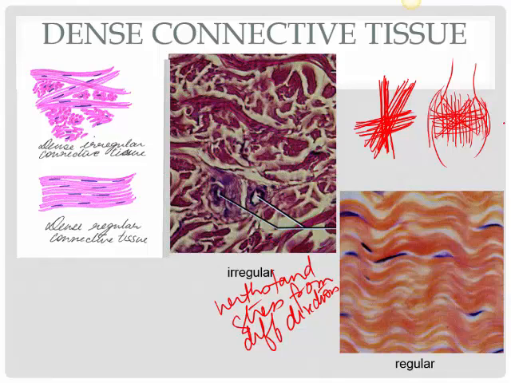It also helps the joint withstand stress from different directions. So joint capsules, capsules around organs, you can find dense irregular connective tissue. In the dermis of your skin, again, those who were in the lab saw that, you see dense irregular connective tissue. Some areas where you see that.